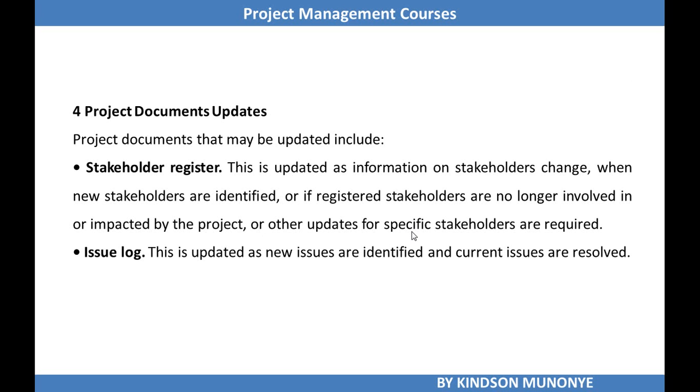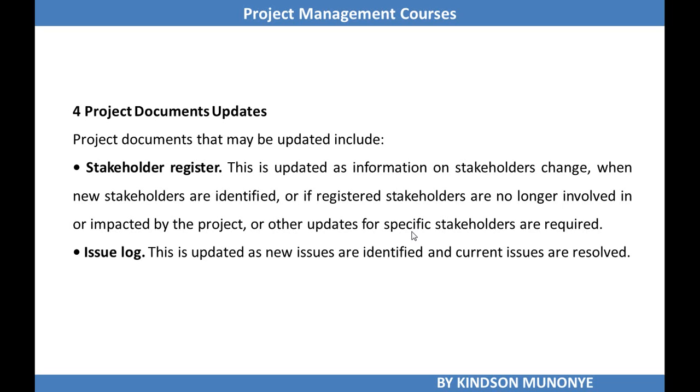We might also have to update the project documents, for instance the issue log, the change log, the risk register, and other documents, but especially the stakeholder register and the issue log.